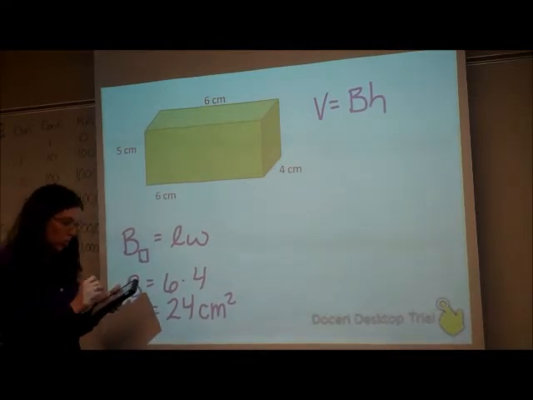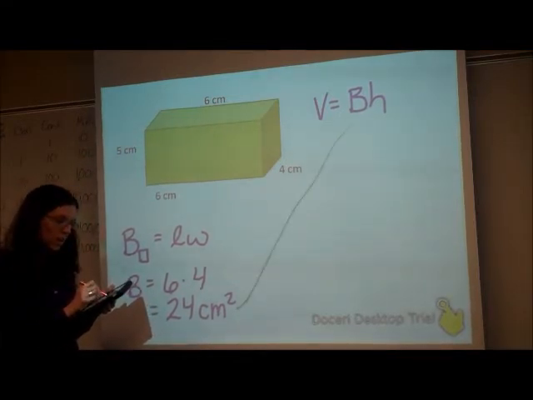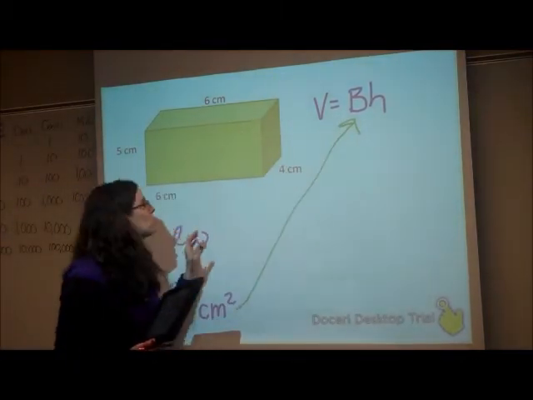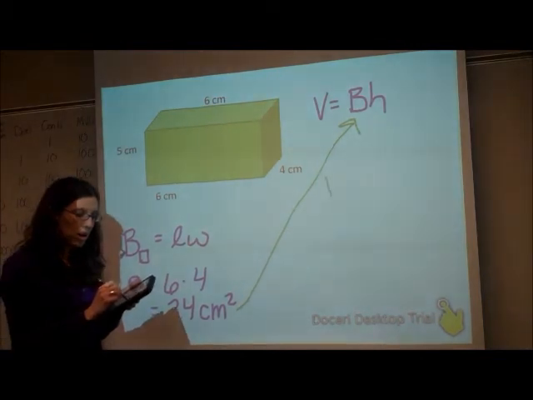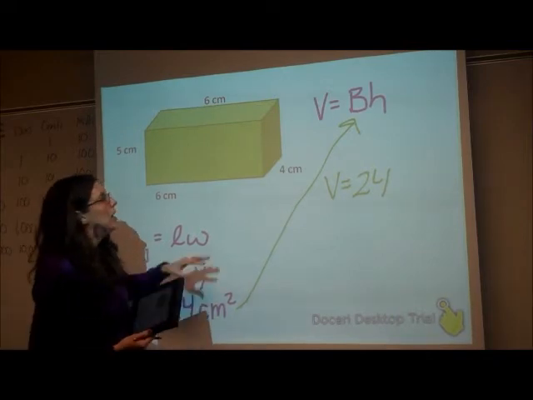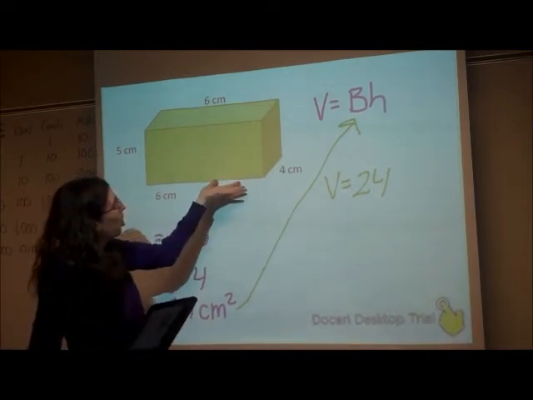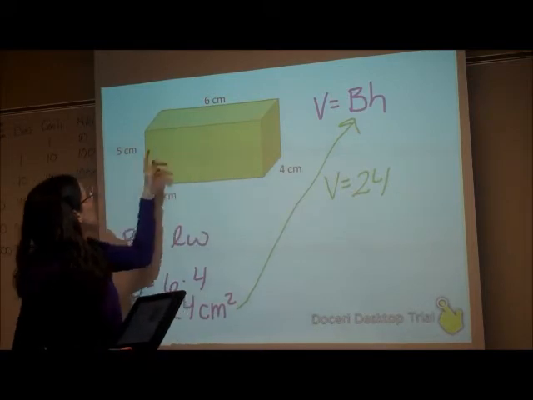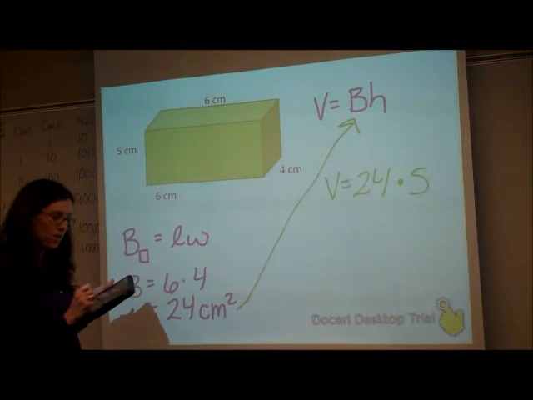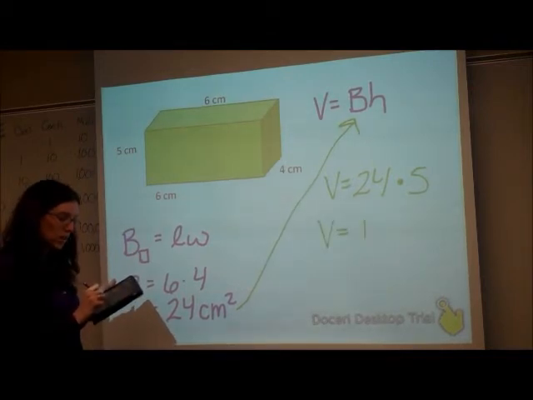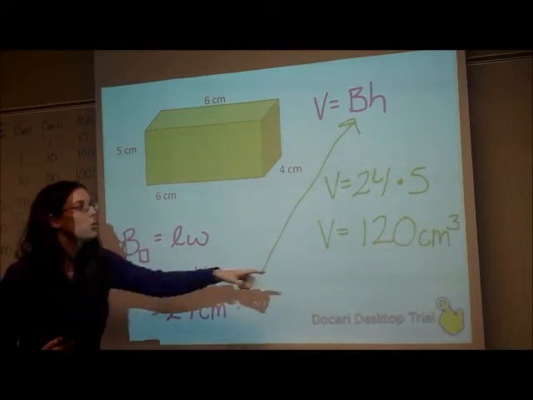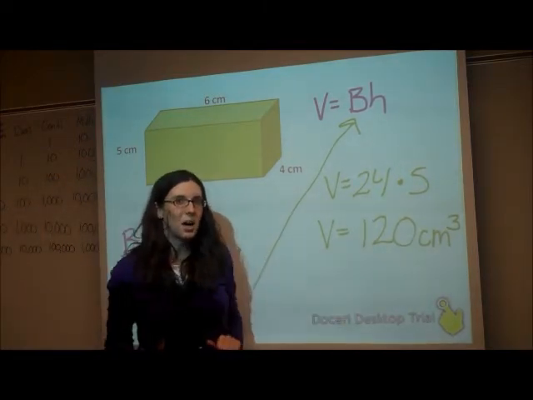Now I'm going to put this back up in the equation for my capital B, because this was the area of the base. So my volume is going to be 24 square centimeters times the height of my prism. Sitting on that rectangle, how much does it go up? In this case it goes up 5. So I want 24 times 5. When you do that, you get 120, and it is cubic centimeters. And that's how many squares we got.